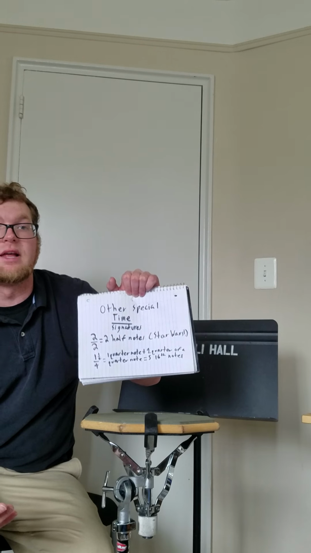I've seen music that's 3/8, which is 3 eighth notes in a measure, because remember, we'll go back to this page, the bottom is the kind of note you're working with, the top is how many there are. So if it's 3/8, that means there's 3 eighth notes. If it's 5/8, that means there's 5 eighth notes. I'll get into triplet stuff later because that's much different, and that'll be probably at least 2 videos by itself.